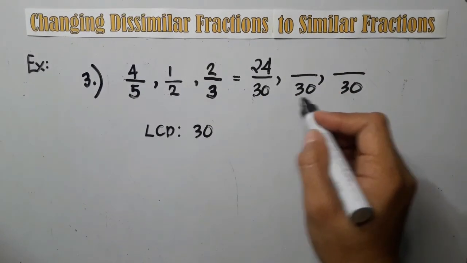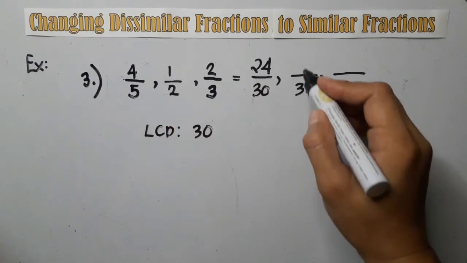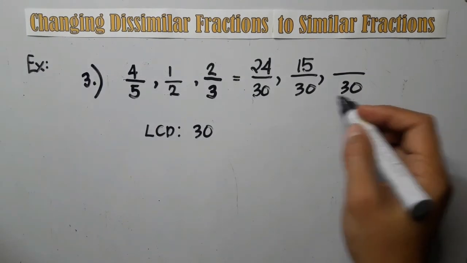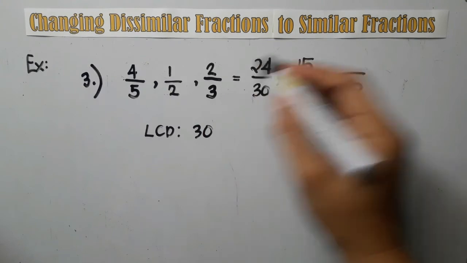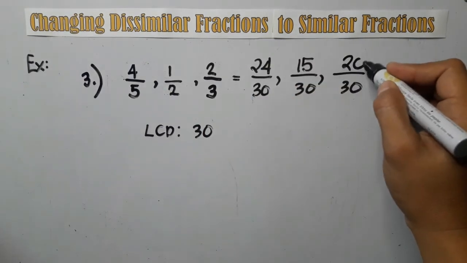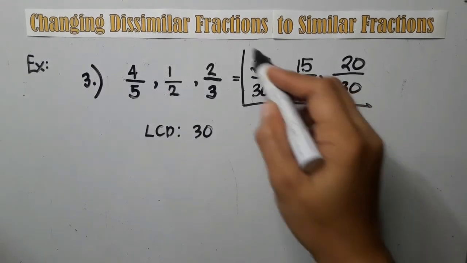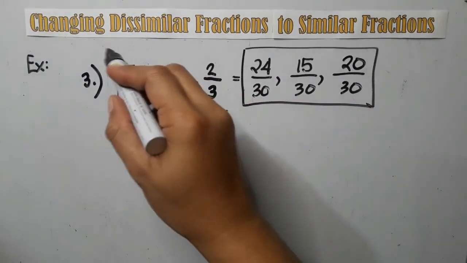Then, 30 divided by 2 is 15. Times 1, so that is 15. Then, 30 divided by 3 is 10. Times 2, so that is 20. So, this is now the similar fractions of our given fractions here.